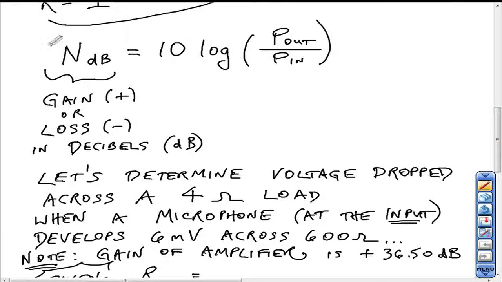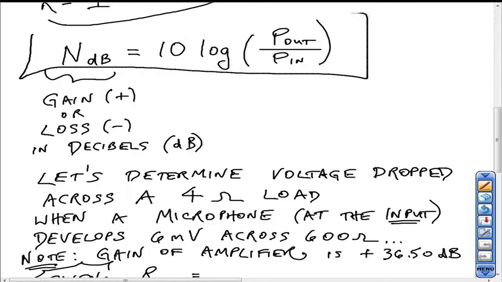Remember this formula right up here? This is our brand spanking new formula, new for chapter 21. Notice within the common log function, you have an output power divided by input power. So for your chapter 21 fun, everything needs to be consolidated in either an output or an input.